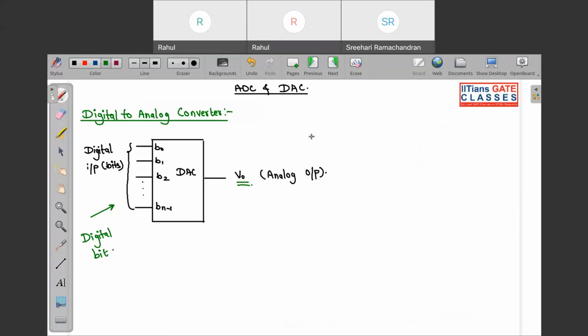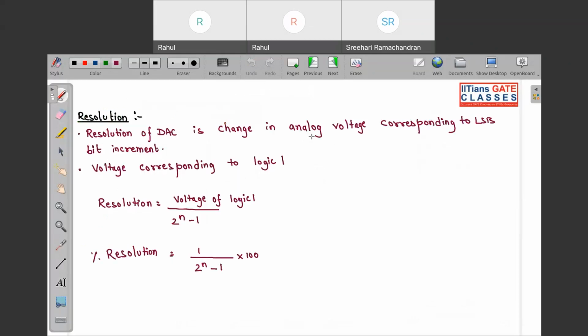In a digital to analog converter, we basically convert a digital input to its equivalent analog output. There are a few things we need to know. The simplest is resolution. So what is the resolution of a DAC? It is the change in analog output corresponding to an LSB bit increment.